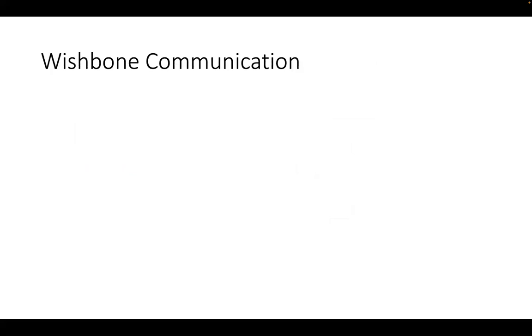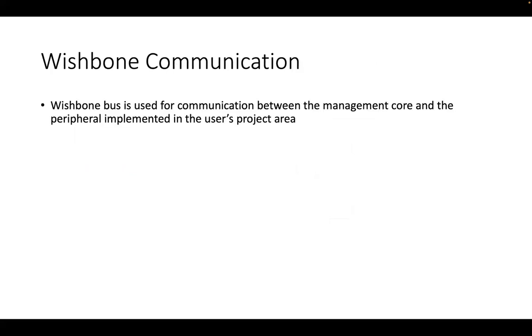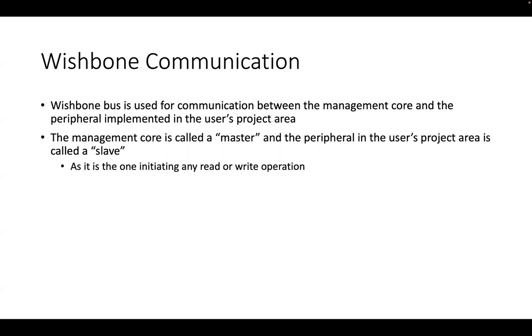And now let's talk about the wishbone communication in a little bit more depth. First thing you need to know is that the wishbone bus, as we mentioned, is used for communication between the management core and the peripheral implemented in the user's project area. The peripheral is also called a slave, and the management core here is called the master.